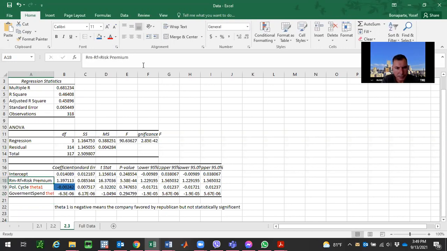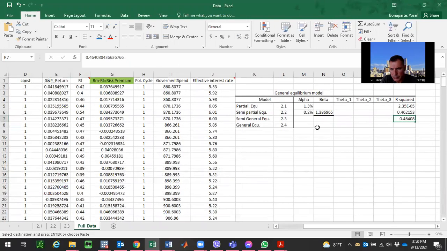That will be beta in the model. And the intercept will be the alpha. So we need to report that in the table. That's alpha.